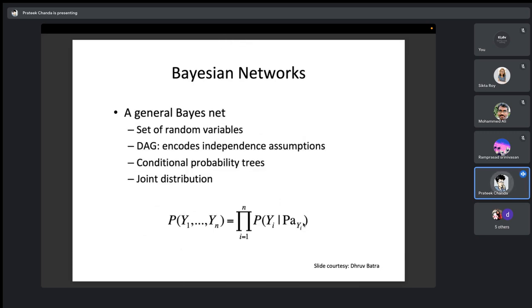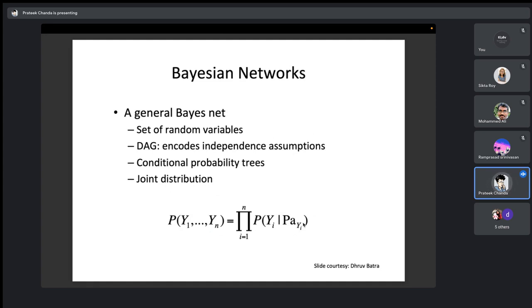And how do we represent it in a probabilistic way? We have a set of random variables. It is a DAG, a directed acyclic graph, and it encodes independence assumptions. That means if there is an edge, the variables are conditionally dependent, and if there is no edge, they are conditionally independent.